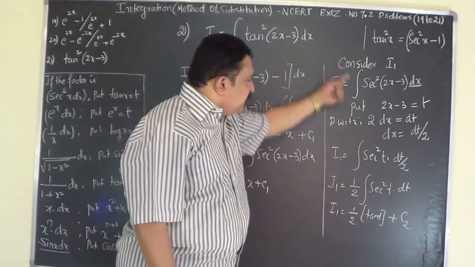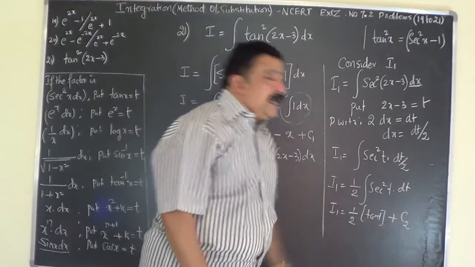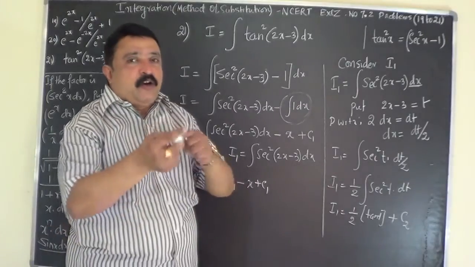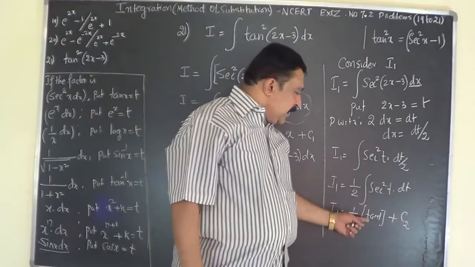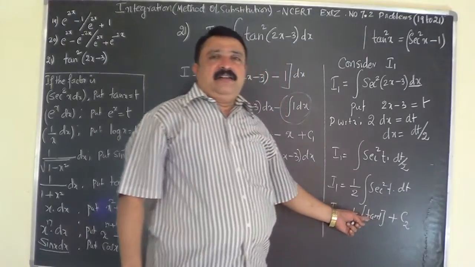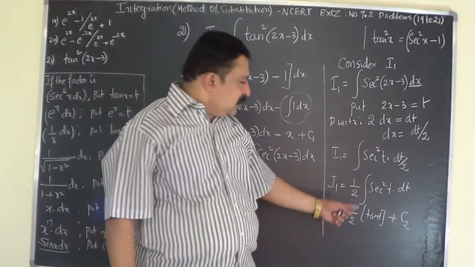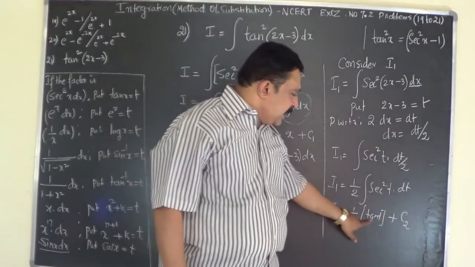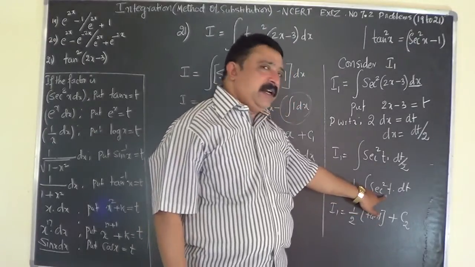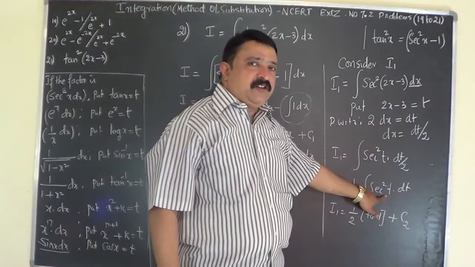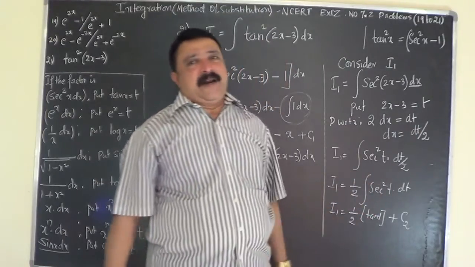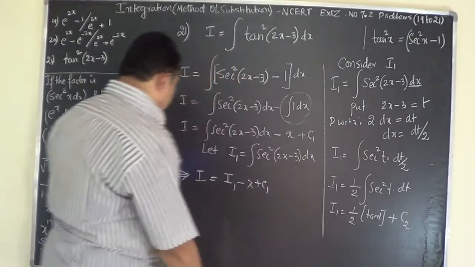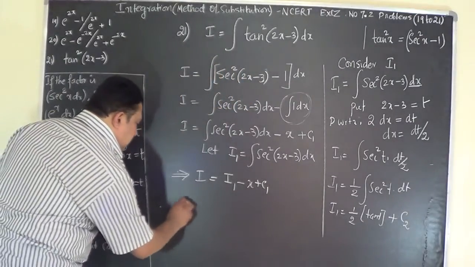I am integrating a second time, so I will call this constant of integration c2. Now tell me, how did you get tan t? It's a very straightforward answer. If you differentiate tan t, you get secant square t. So if you integrate secant square t, you should get tan t. That's all.